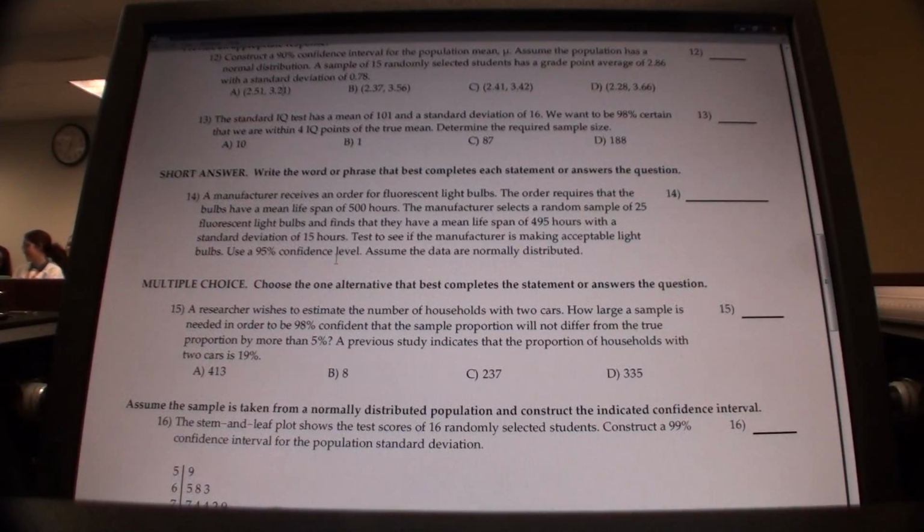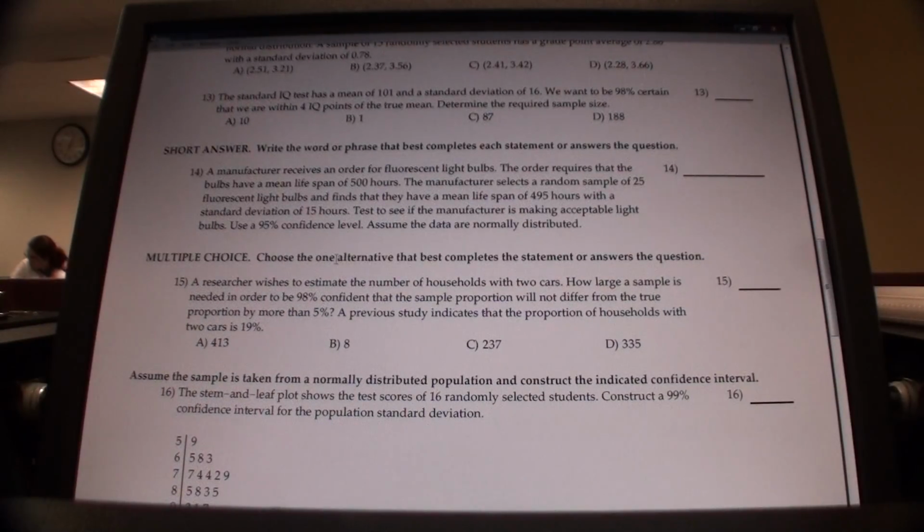So let's see if that is possible. Okay, let's determine what is the possible time that any particular sample gives with that information. So let's see what we got. We got a sample of 25, okay, n is 25. And the mean and the standard deviation are given here, right? The mean is what?